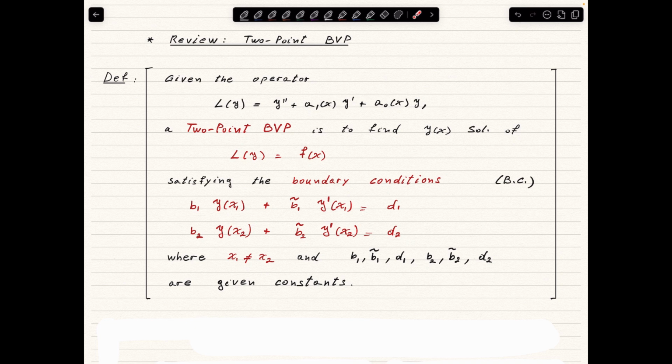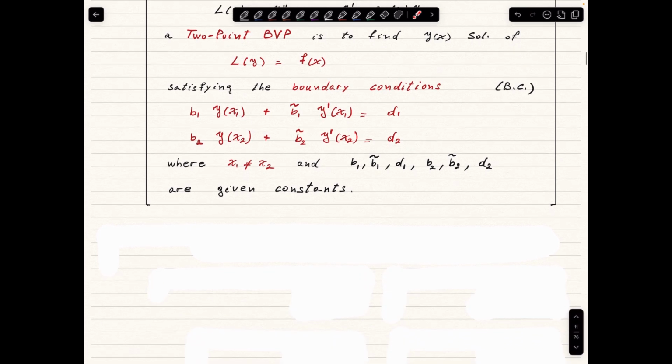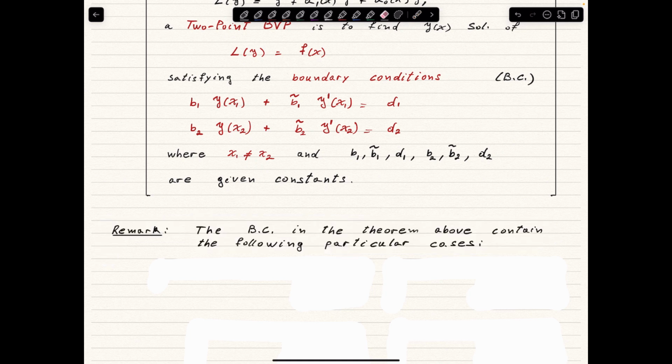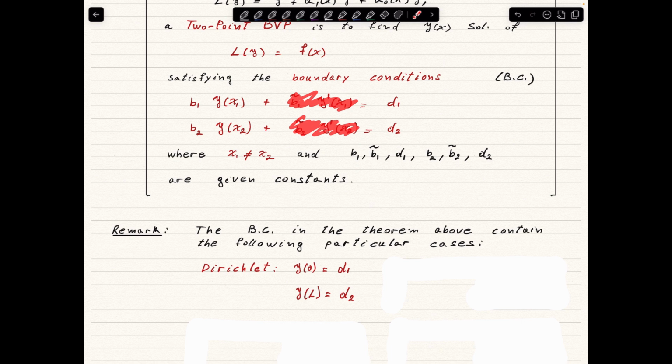So that was a boundary value problem, and in these videos we are interested in 4 particular cases for the boundary conditions. The first case is called the Dirichlet boundary condition, when we have only the function evaluated at 2 different points in the boundary conditions. That is, these 2 constants b1 tilde and b2 tilde are 0.